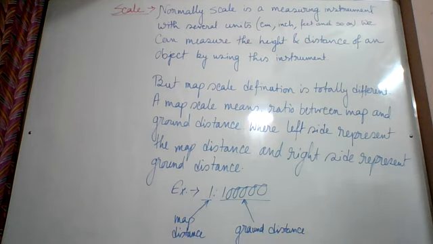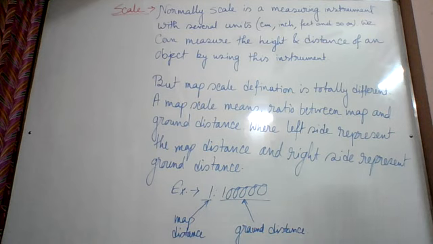In our Indian subcontinent, we use the centimeter and inch only. You can see in all types of scales, two different units are there. On one side, the centimeter is mentioned, and on the other side, the inch.